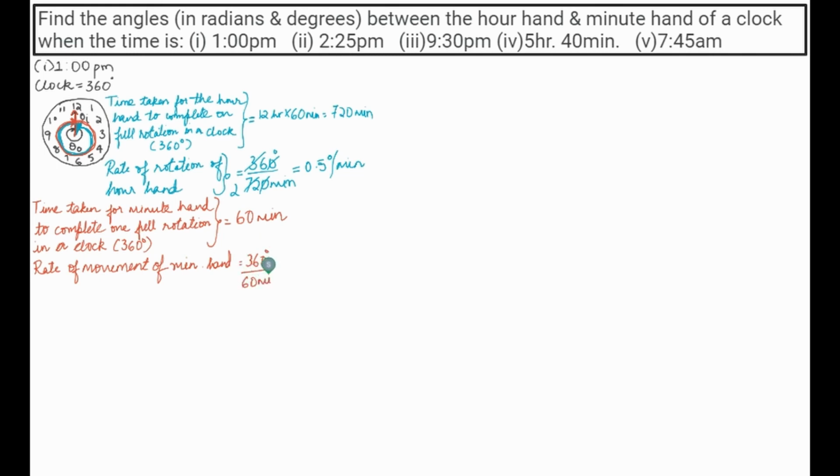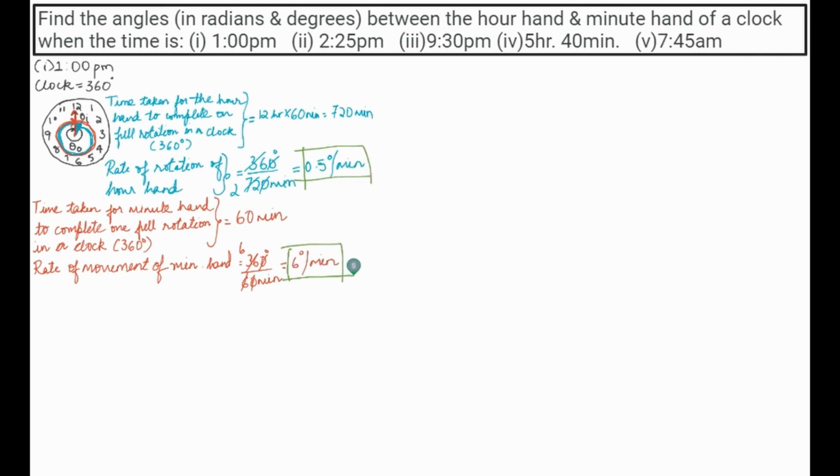So the 0 and 0 cancel out. 6 into 6 is 36. So the minute hand moves 6 degrees per minute. Now we have found out the rate of movement of the hour hand and the minute hand.